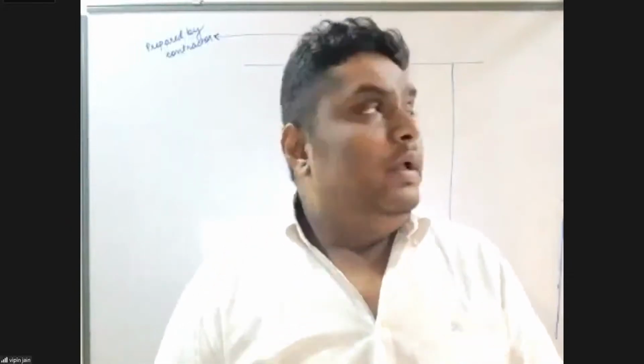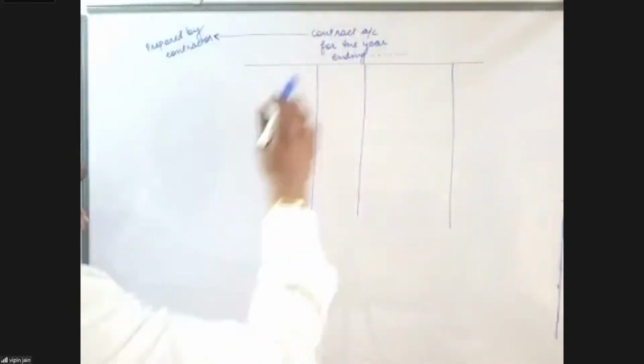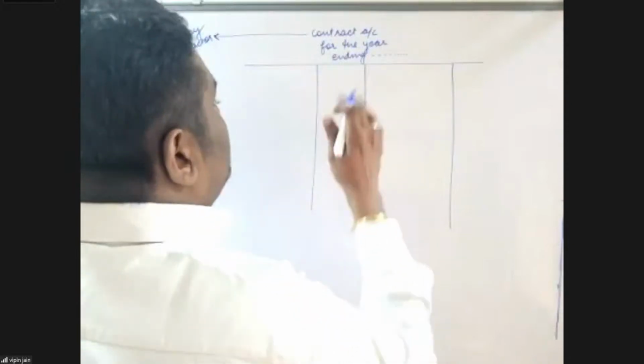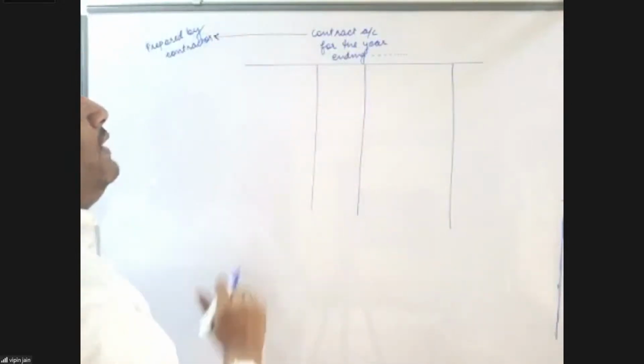So now let's start with the contract account. Contract account for the year ending. This contract account is prepared by the contractor.